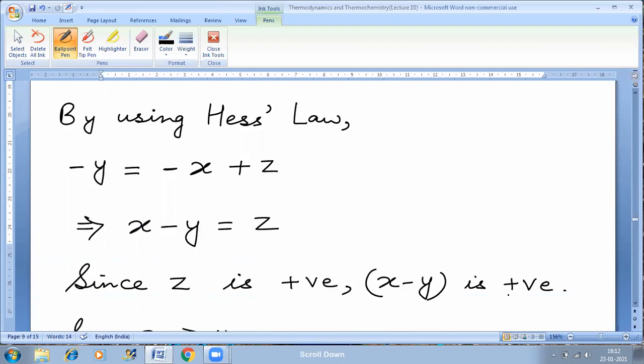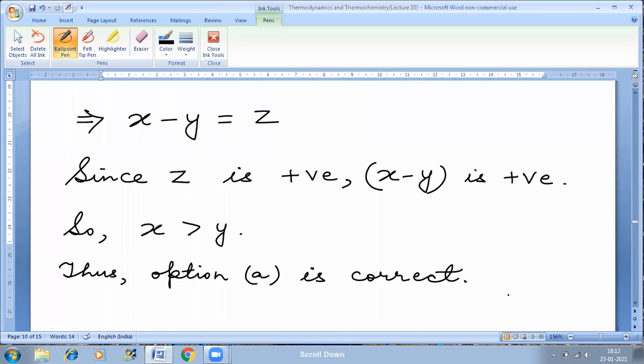If Z is positive, that means X minus Y is also positive, and so X is greater than Y.